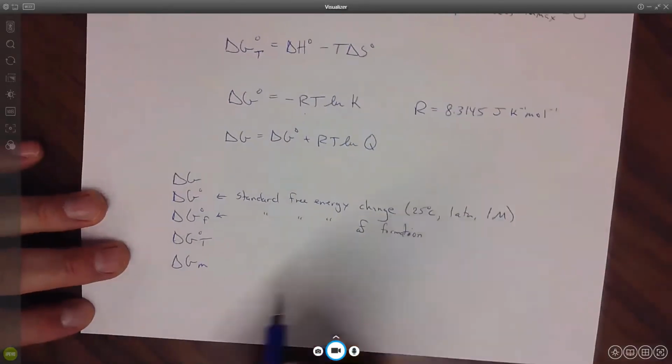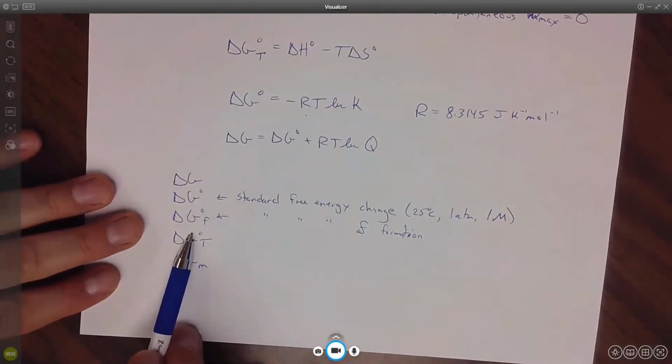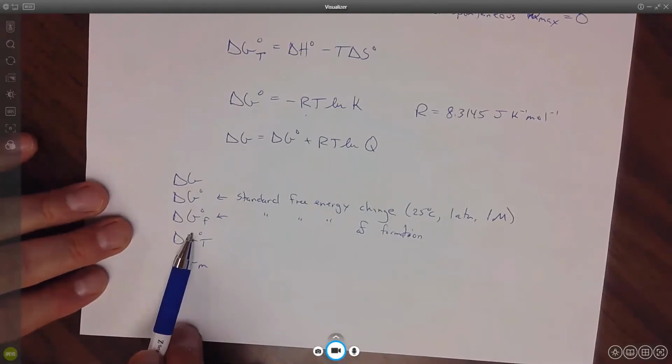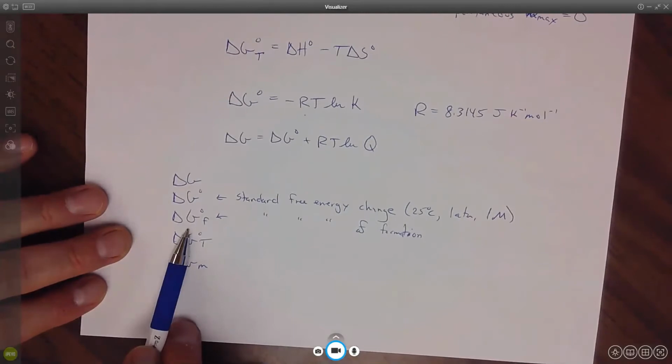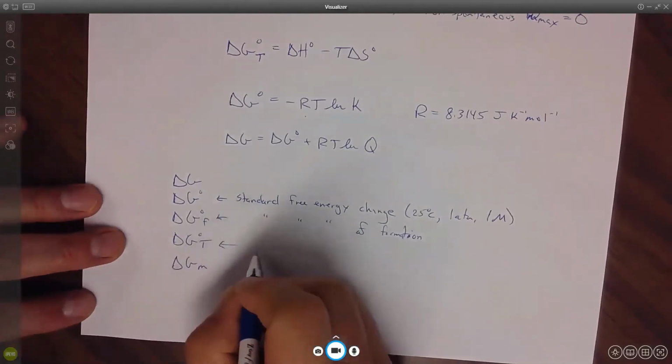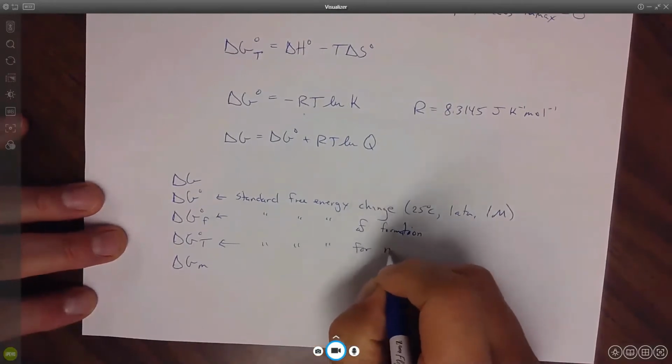In other words, this is the free energy that would be generated or consumed for the formation of 1 mole of whatever chemical you're talking about from the elements in their standard state. Then this one here we just talked about, right? That's the standard free energy change for a non-standard temperature.